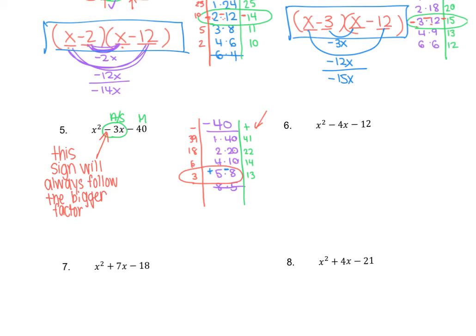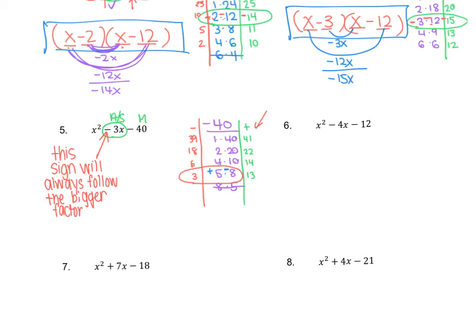Now this makes sense because when you multiply and get a negative number, there's only one way to do that. One of your numbers needs to be negative. It doesn't matter which. To get a positive number, there's 2 ways to do it. Both of them need to be positive or both of them need to be negative. To get a negative number, one of them needs to be positive and one of them needs to be negative.